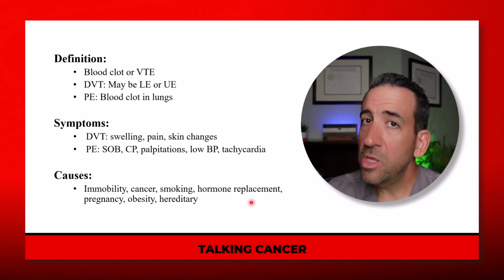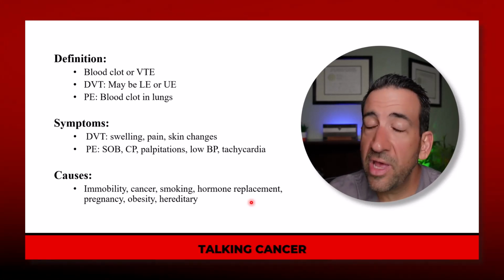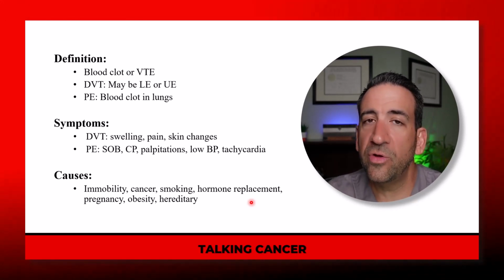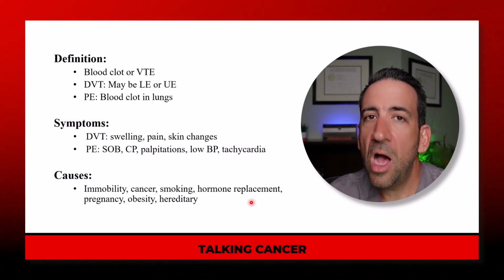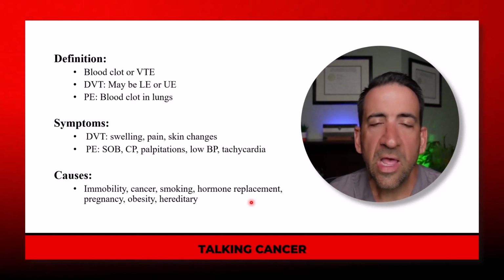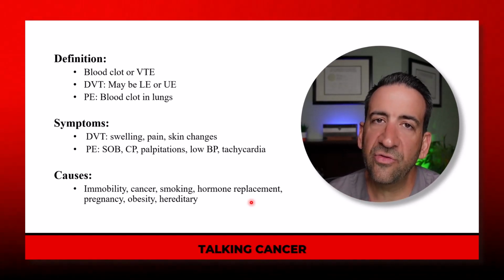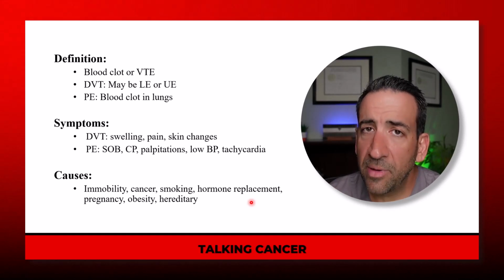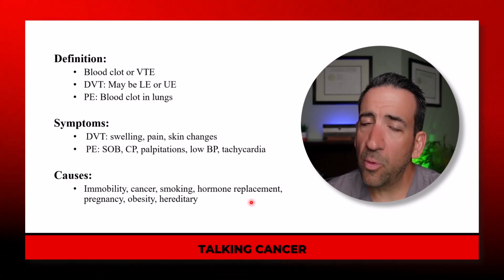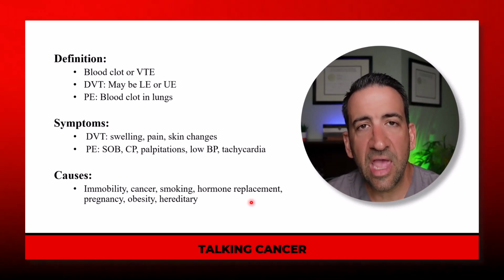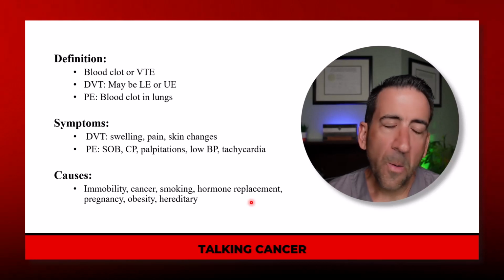If you're immobile, you had surgery, you fractured a hip, you had knee surgery and you're on estrogen or testosterone replacement therapy, obviously this can increase your risk, so always keep that in mind. There's a medication that we use in breast cancer. It's called tamoxifen. So if you've ever had a blood clot, or if you're immobile for whatever reason and you're on tamoxifen, just know that your risk of DVT and PE may go up.